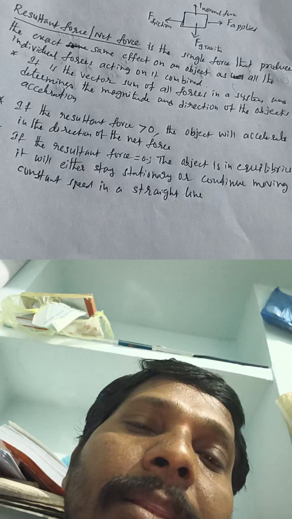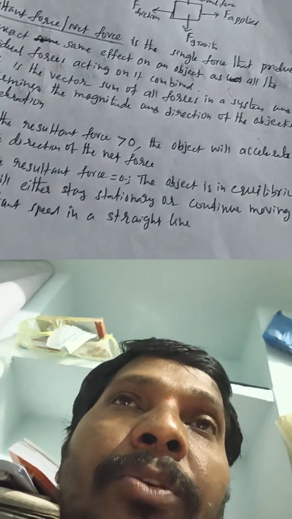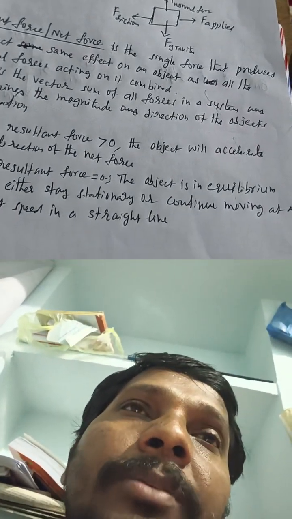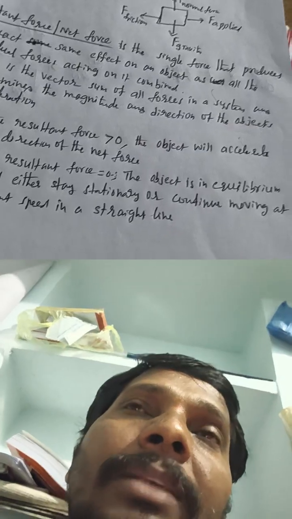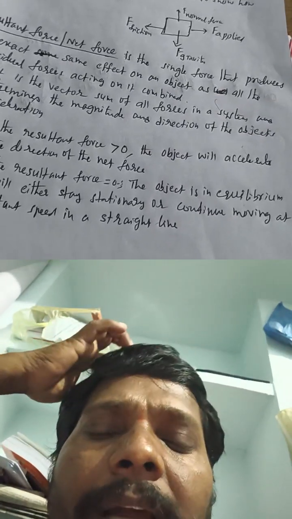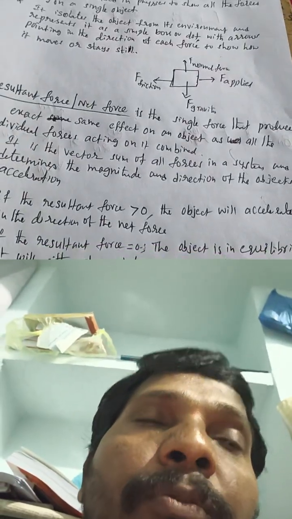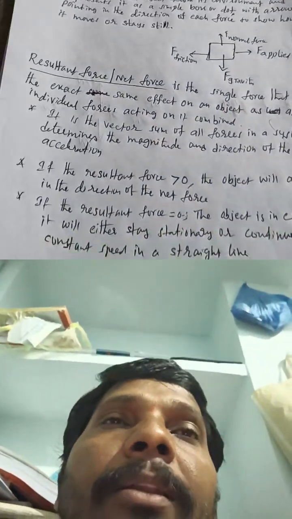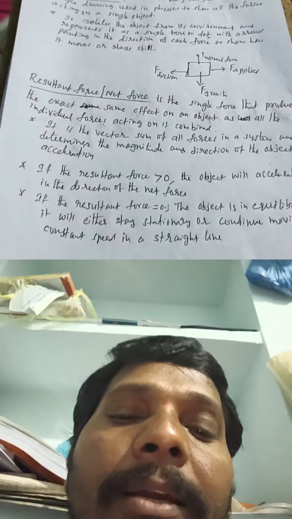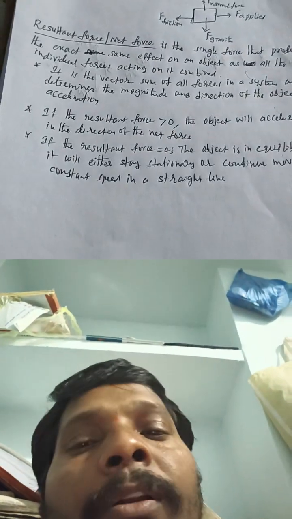If the total force acting on the body is greater than 0, then the object can change state, meaning it accelerates. It means it starts to move. In which direction? The net force acting in a particular direction, in that direction the object will move.